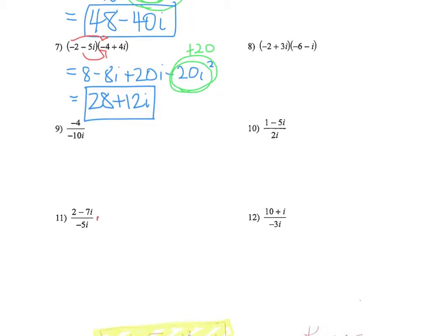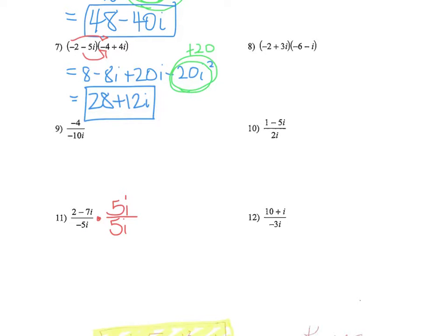I'm going to do 11 with you. By the conjugate of the denominator, by 5i, both top and bottom. But what that gives me then is a problem that I need to distribute up in the numerator and in the denominator, multiply and simplify.